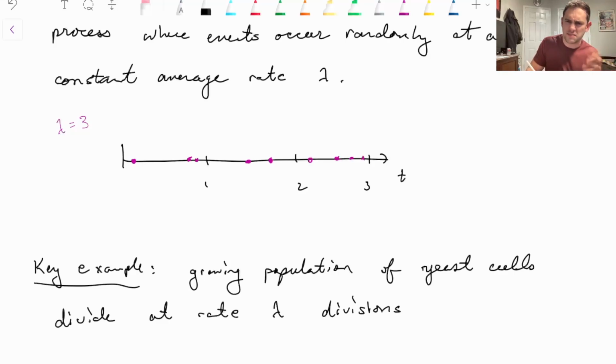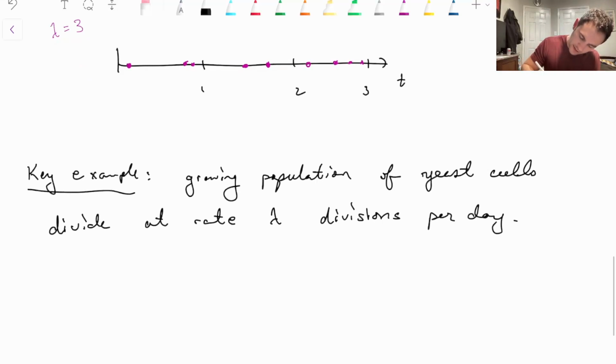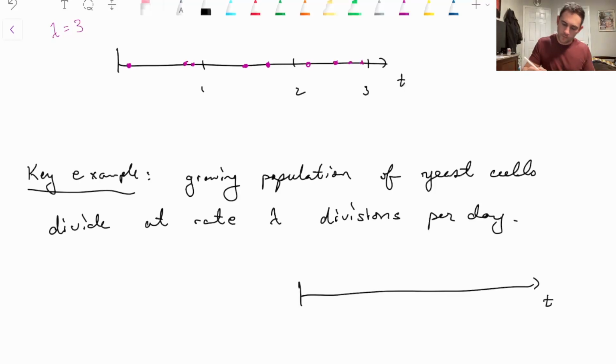Sorry, let's say that's not a reasonable time frame. Let's say per day. So I'm imagining that every single yeast cell has this little timeline. And here's, say, 1 unit of time from, say, 0 to 1. And maybe I can imagine breaking this timeline up into, say, n subintervals.